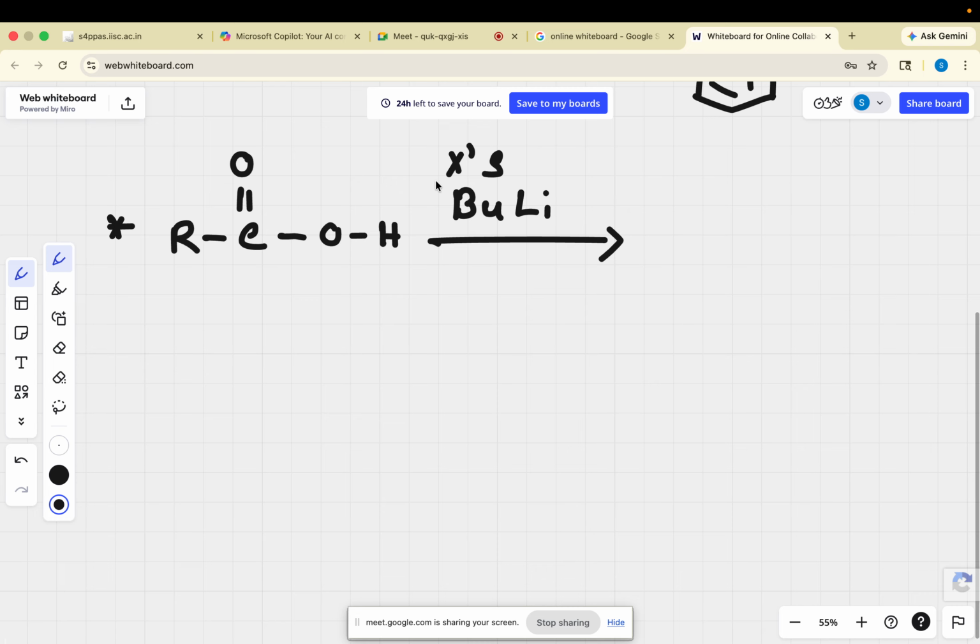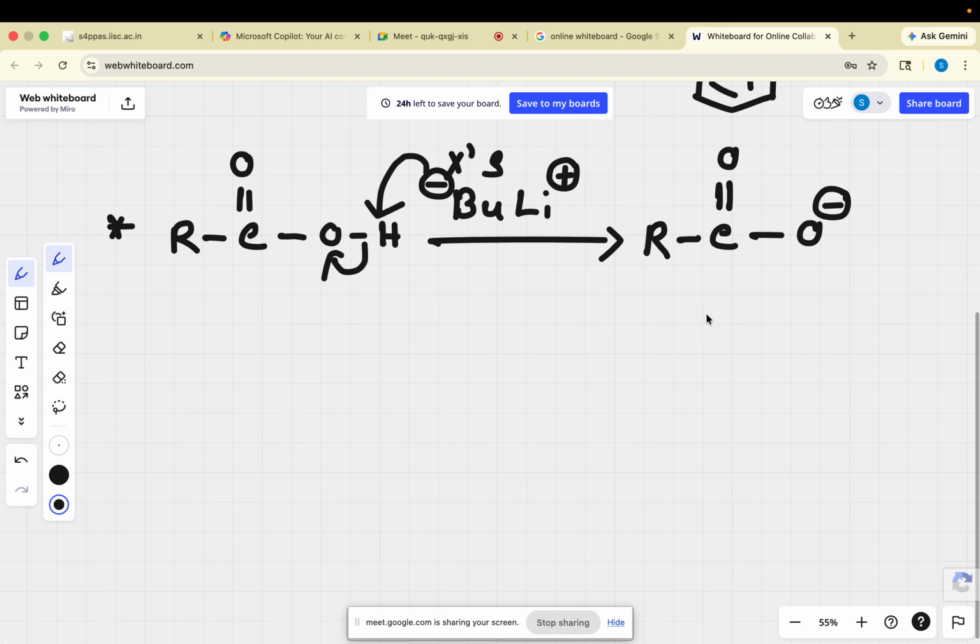Again butyl is minus, lithium is plus, and here you have an acidic proton. So butyl minus will take up the proton, and we are getting R C double bond O minus. Lithium plus is the counter cation part.